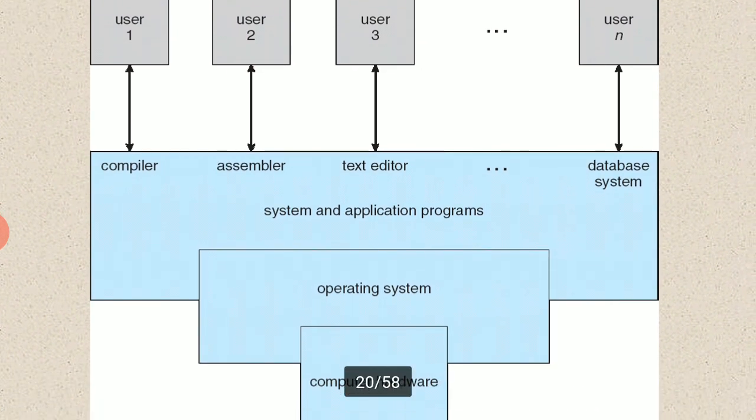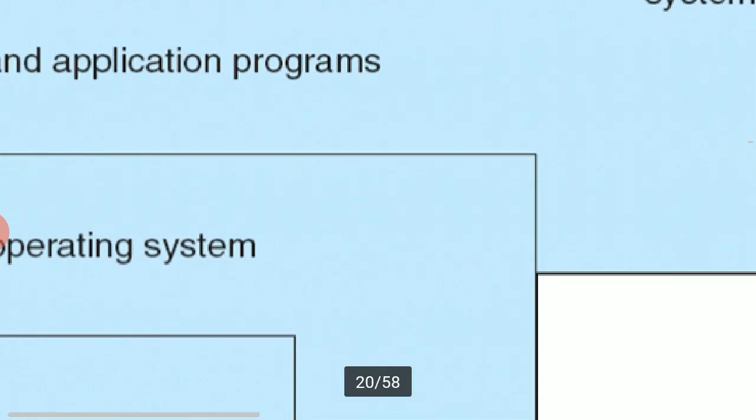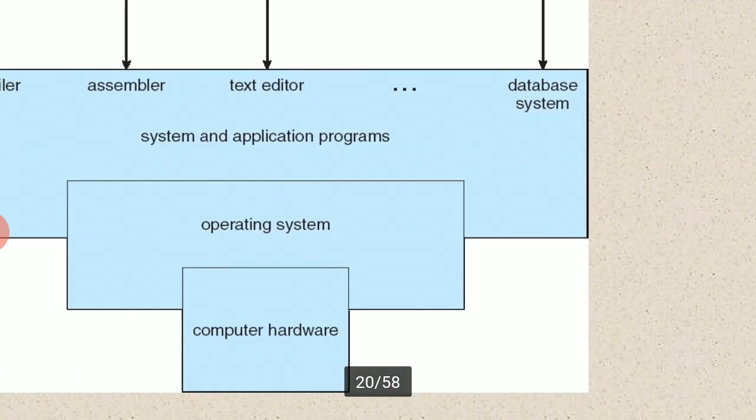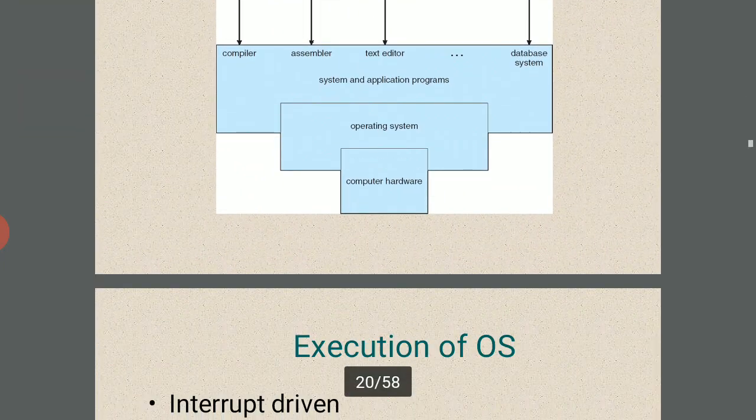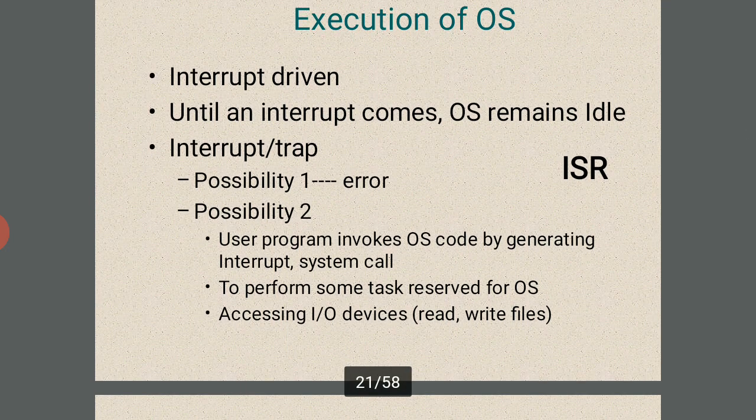And the operating system, here the computer hardware. Hardware is the physical components, the CPU and the devices. Execution of the operating system is interrupt driven. Until an interrupt comes, the operating system remains idle.